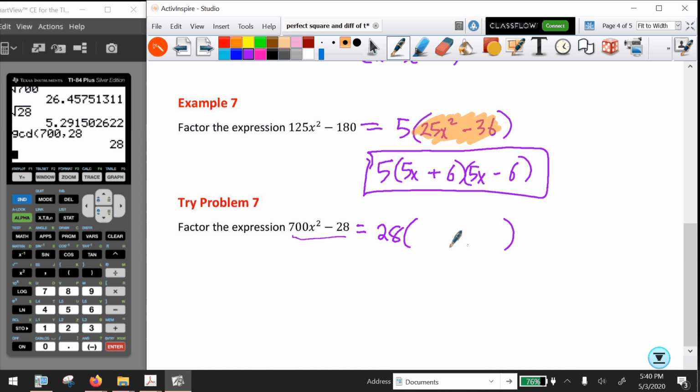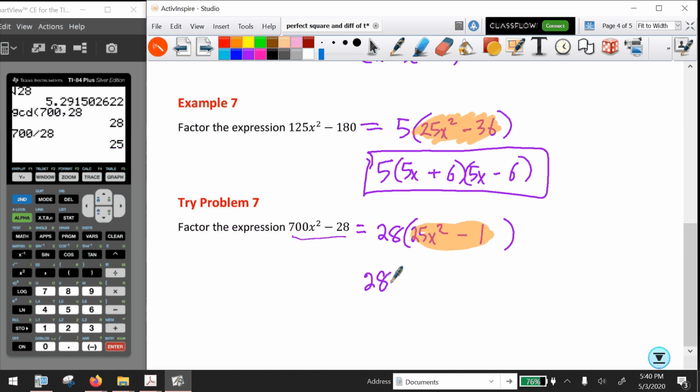How many times does 28 go into 700 evenly? 25 times. So this is 25x squared. All right. 28 goes into negative 28, negative 1 times. And now we're just going to focus on this 25x squared minus 1. We have to factor that. Notice that 25x squared is a perfect square.